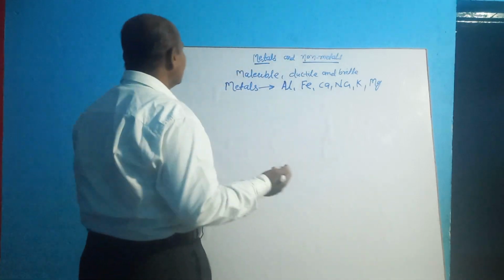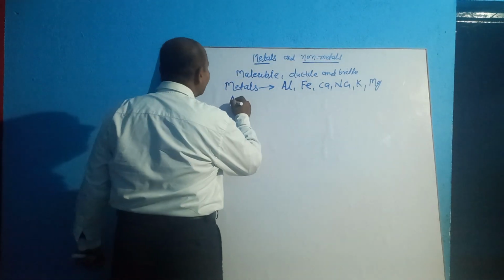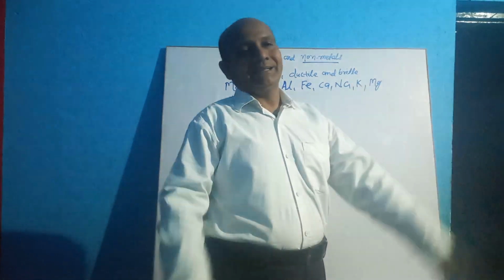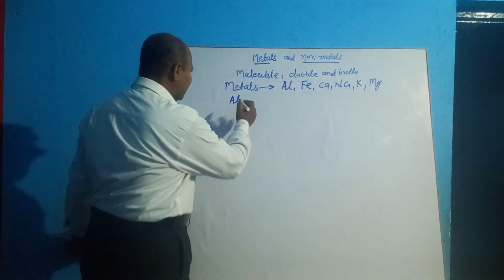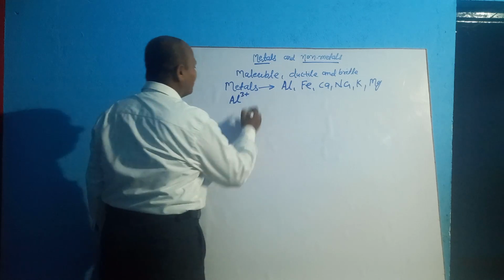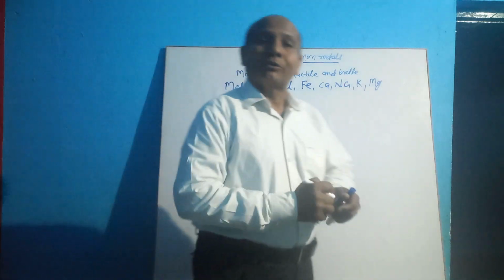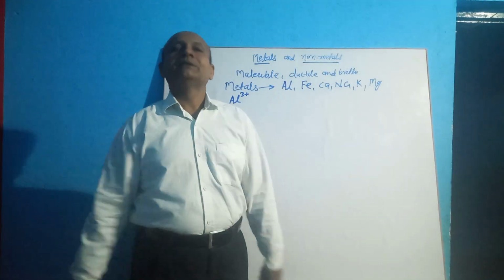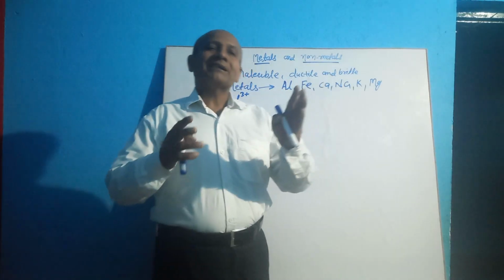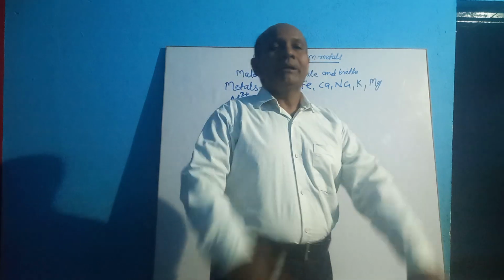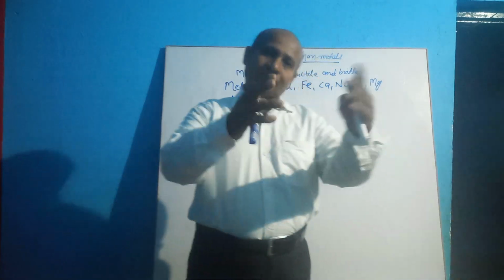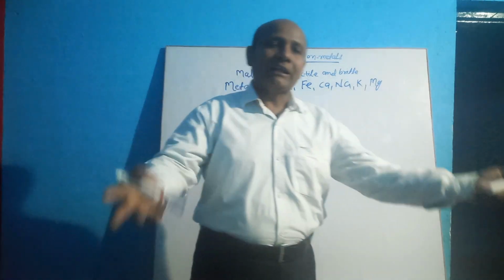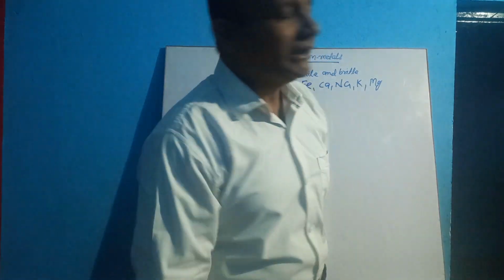For example, aluminum is a metal which forms aluminum ions, Al3+, by losing electrons. In fact, metals are electropositive elements because they form positive ions by losing electrons or donating electrons.